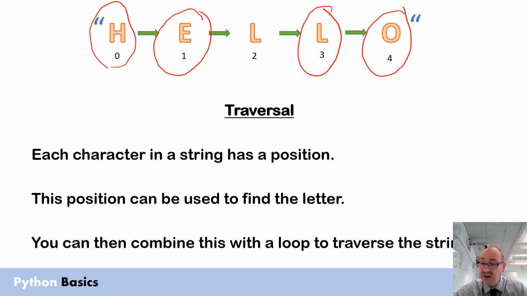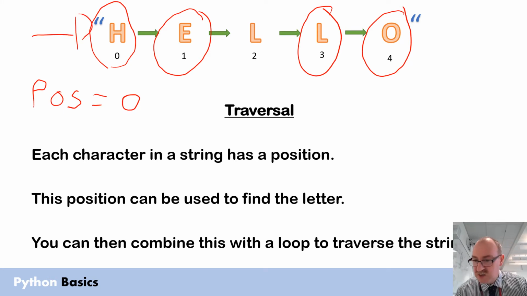Now we can combine this little bit of information to loop over it, because let's think about it. I might have a very, very simple loop. I might start off with a loop with a position of 0. Now why 0? Well, boom, first letter's at position 0, isn't it?